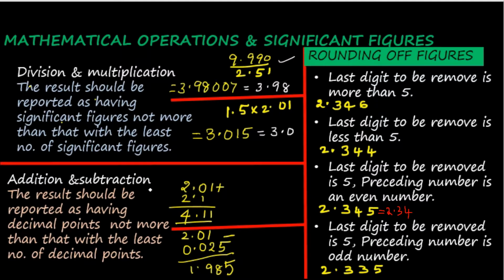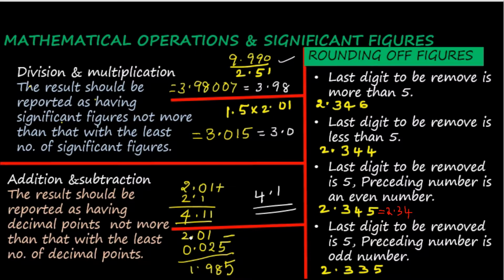Now let us see addition and subtraction. What is the rule? The result should be reported as having decimal points not more than that with the least number of decimal points. So here the decimal point is considered. 2.01 plus 2.1 is equal to 4.11. But the answer should be reported as having only one decimal point, that is 4.1.